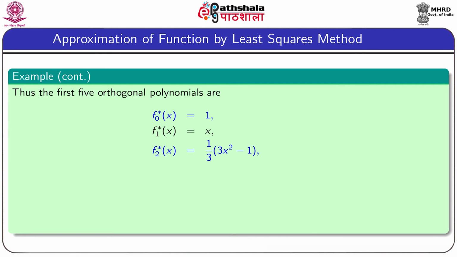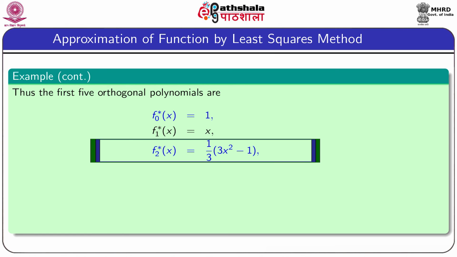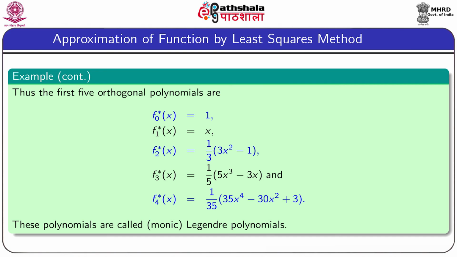Finally, we can say that the first 5 orthogonal polynomials are f0*(x) equal to 1, f1*(x) equal to x, f2*(x) equal to 1/3 into (3x square minus 1), f3*(x) equal to 1 by 5 into (5x cube minus 3x), and lastly f4*(x) equal to 1 by 35 into (35x to the power 4 minus 30x square plus 3).